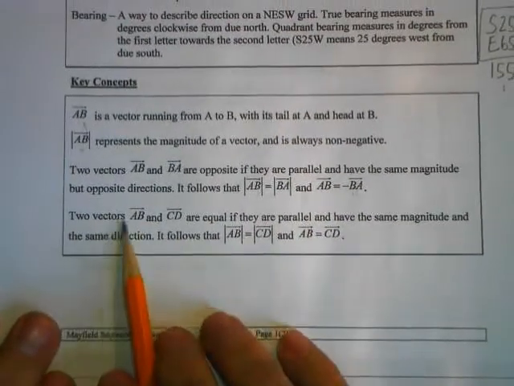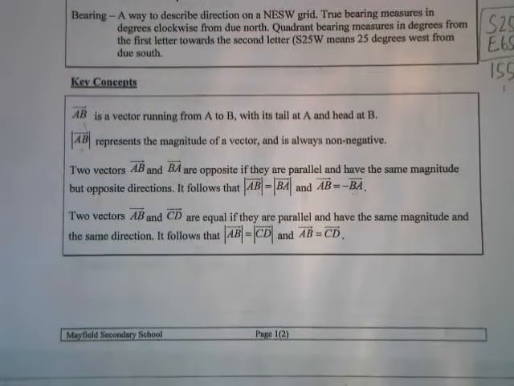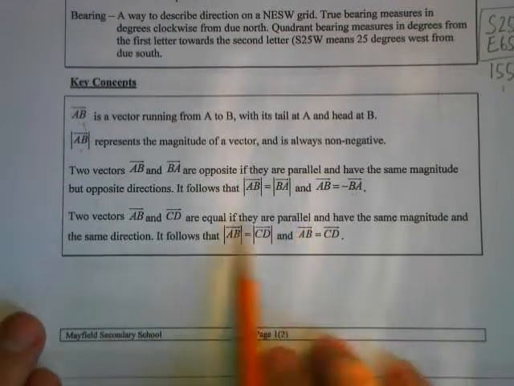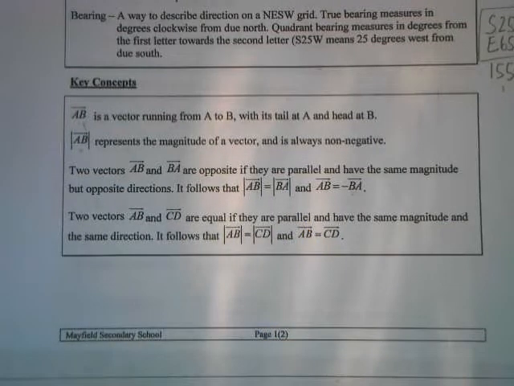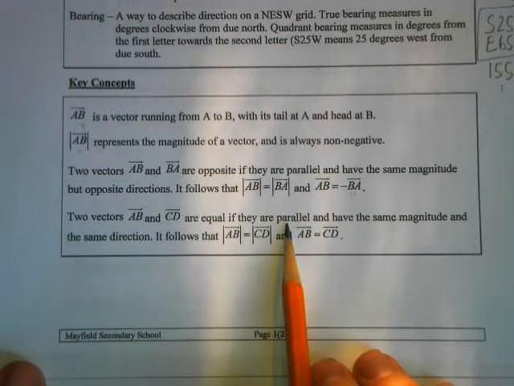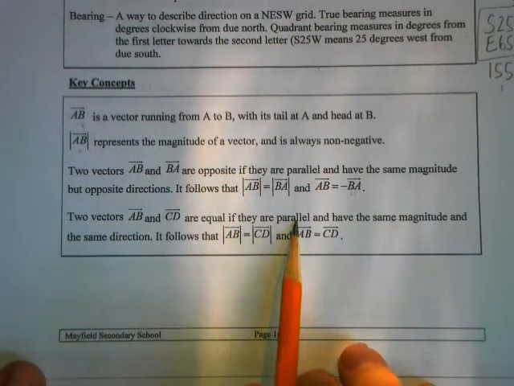Okay, and two vectors AB and CD are equal if they are parallel and they have the same magnitude in the same direction. The fact that they're parallel and have the same direction, that's really the same thing. Well, parallel could be the opposite direction, but same direction implies that they're parallel.